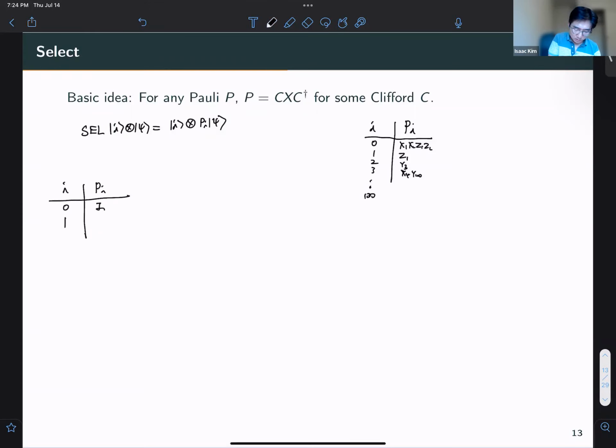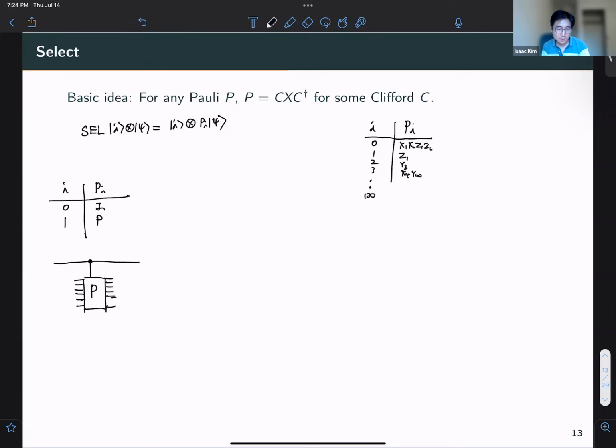If it's 1, then I apply some Pauli P. Pictorially, this will look something like this, where the top is the control register. So how do you do that?